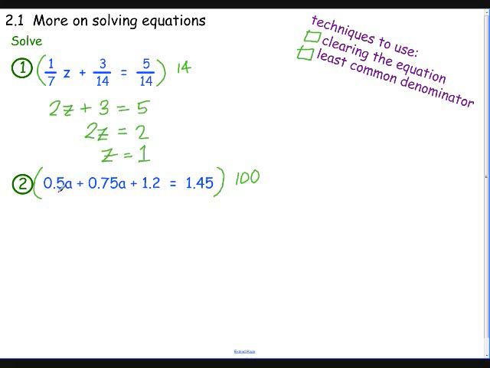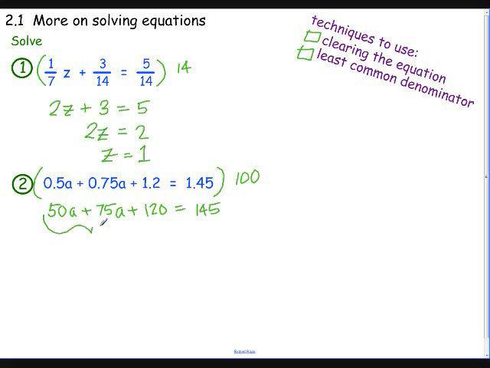Or you could think about it this way. I'm going to move this decimal point 2 places, and I end up with 50a plus, move that decimal 2 places, 75a plus, move that decimal 2 places, 120 equals, move that decimal 2 places, 145.